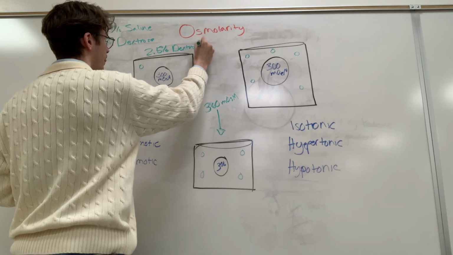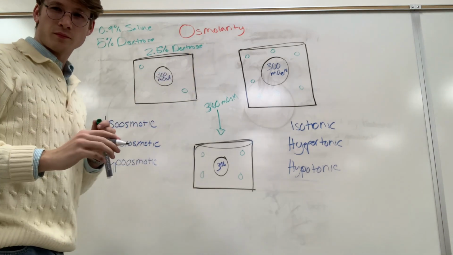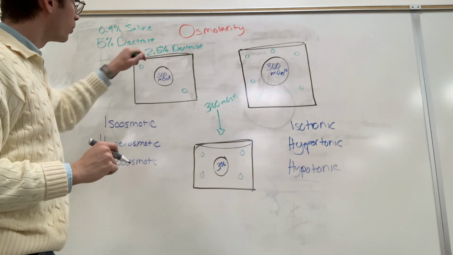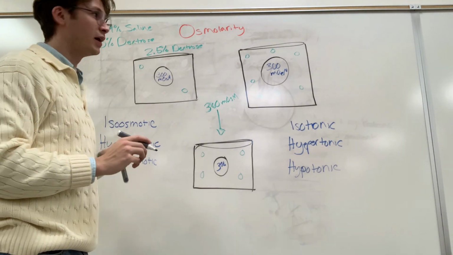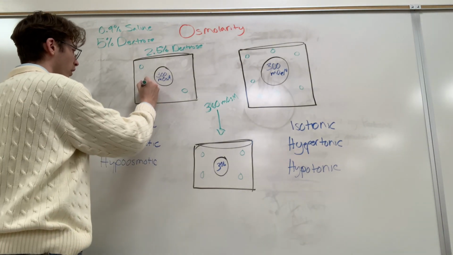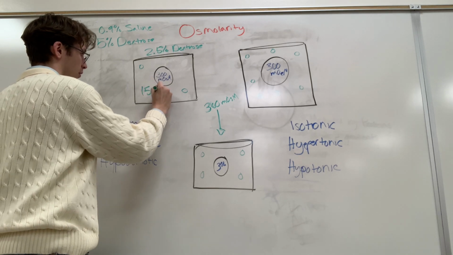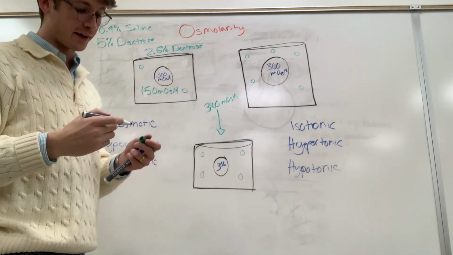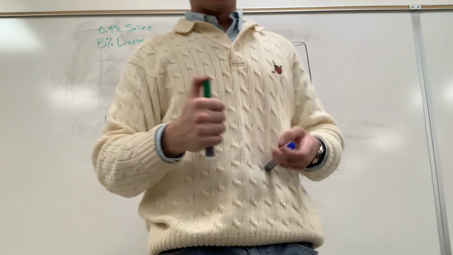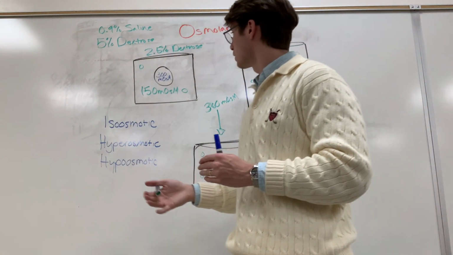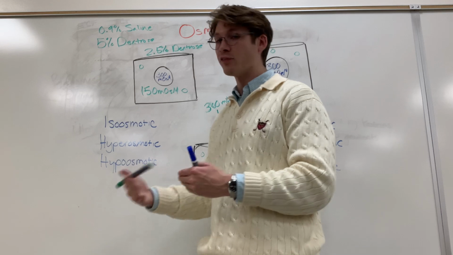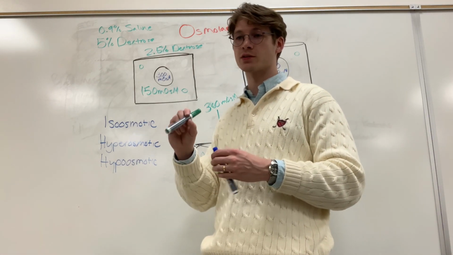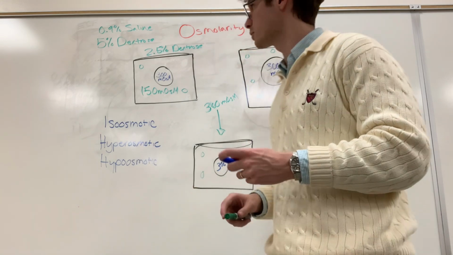Now, if 5% is 300 milliosmolar, a 2.5% dextrose solution is going to be 150 milliosmolar, because it's half. The amount is the same. We're not talking about half a liter now. We're referring to 1 liter with a different concentration of our dextrose.